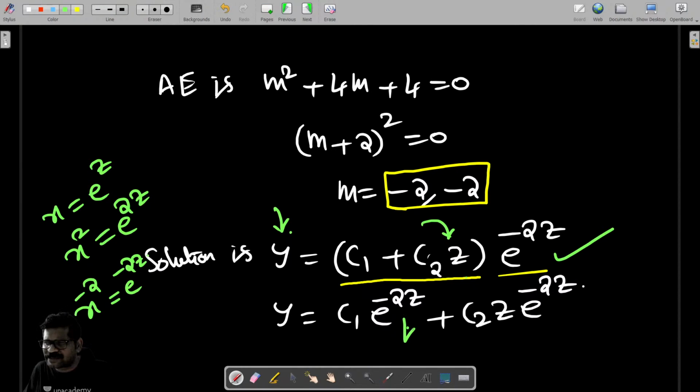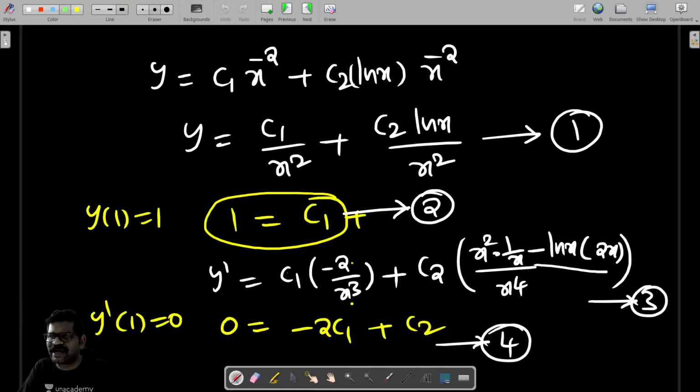That's why in place of e power minus 2z, I have written x power minus 2. Same thing I have written here. That is the logic. Understood?